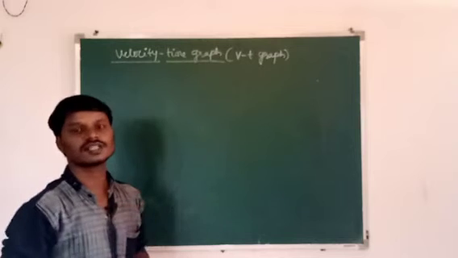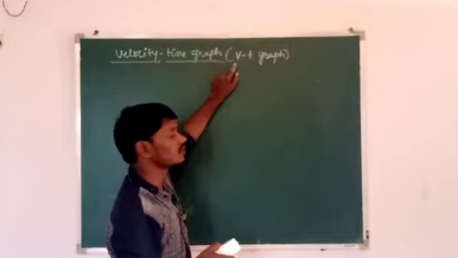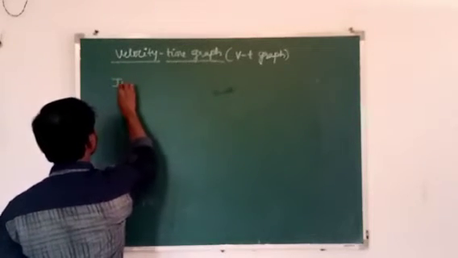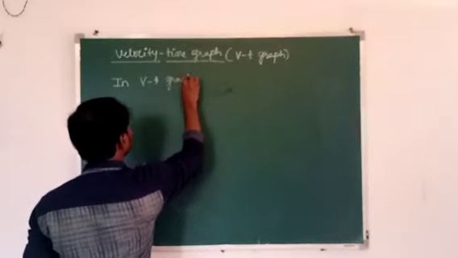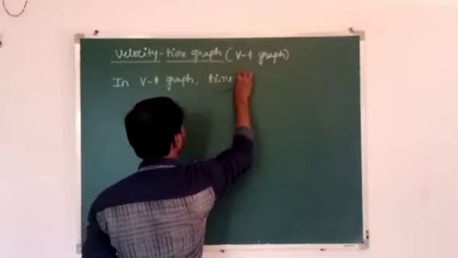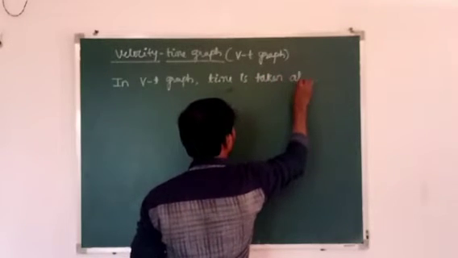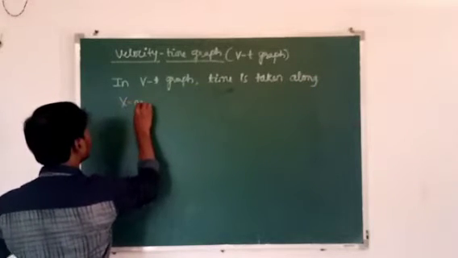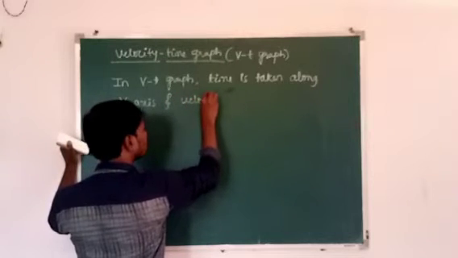And in velocity versus time graph, the time is taken along the x-axis and velocity is taken along the y-axis.